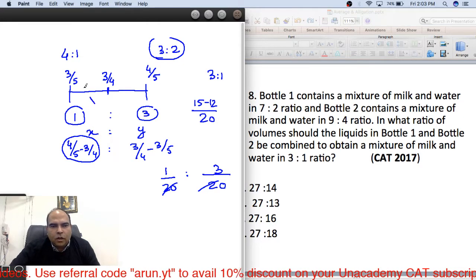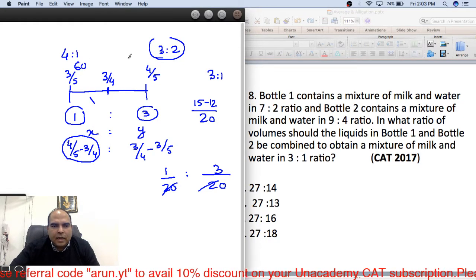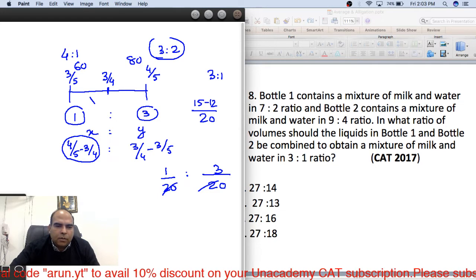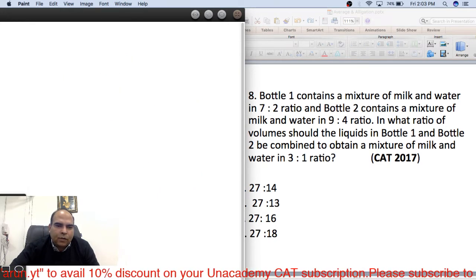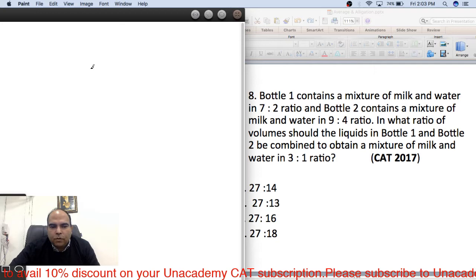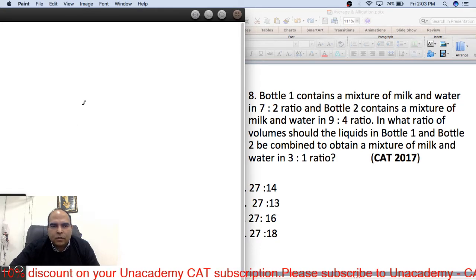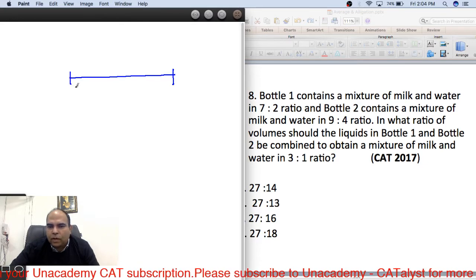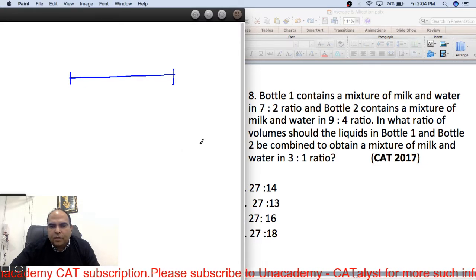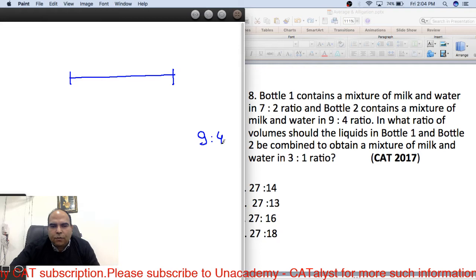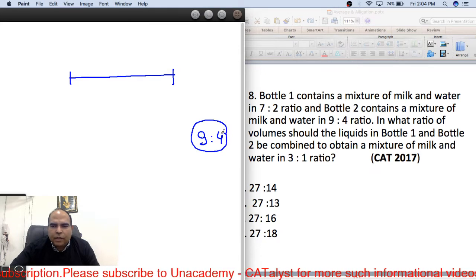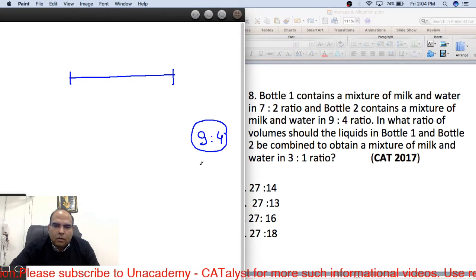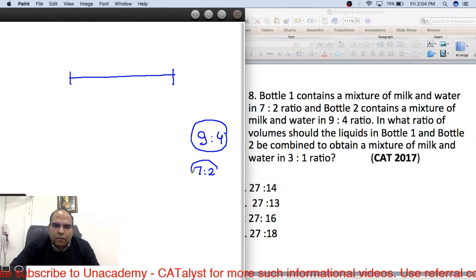So of course, in this problem, using 60 and 80 here is much easier because it's much faster to do it through percentages, because you had the option of doing it through percentages. In this case, since you don't have that option, if you want to go through alligation, first perceive whether 9:4 or 7:2 is a larger fraction for milk.